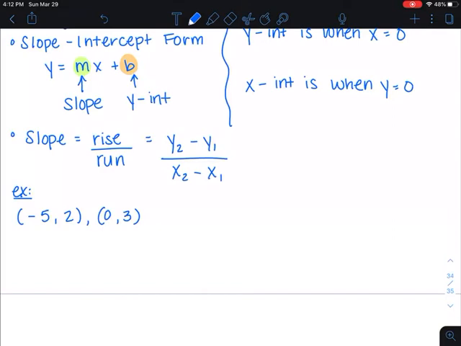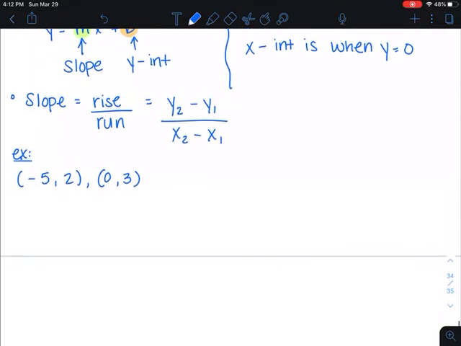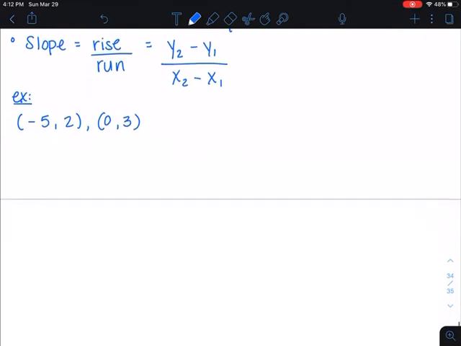So first and foremost, let's find the slope. Slope is equal to y2 minus y1 over x2 minus x1. So I'm going to say this is x and y, and this is x and y. I'm going to say this is my first point, and this is my second point. Now we're going to plug it into the formula. So y2 is 3, y1 is 2.